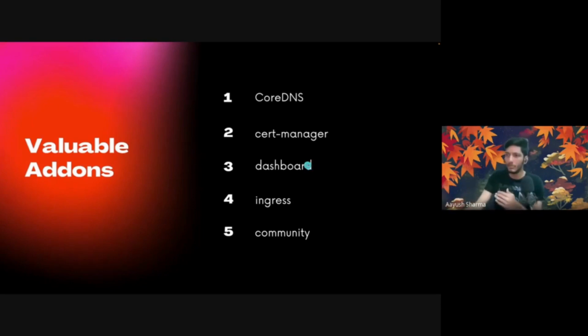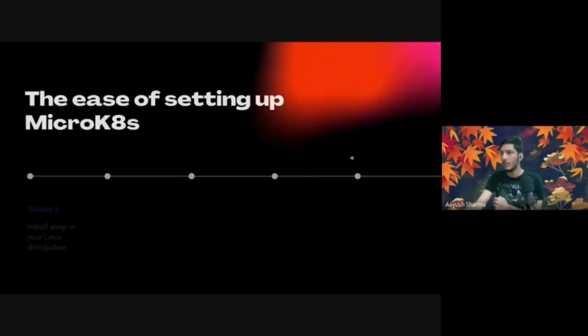I'll show you the links to the GitHub repository of these add-ons as well. If you are someone looking to contribute or enhance the working of the add-ons, you can go in there and see the list of add-ons. So we'll see that in the last part of the demo, right?